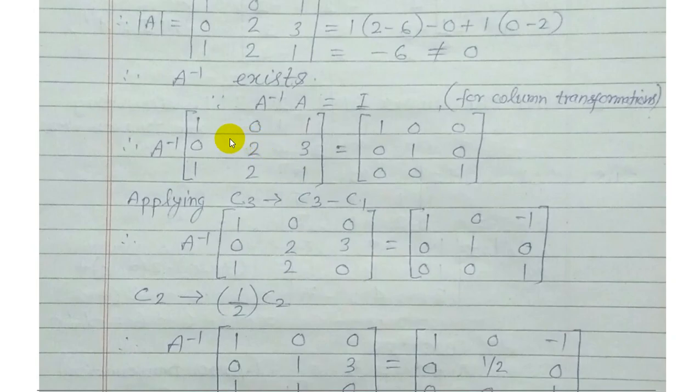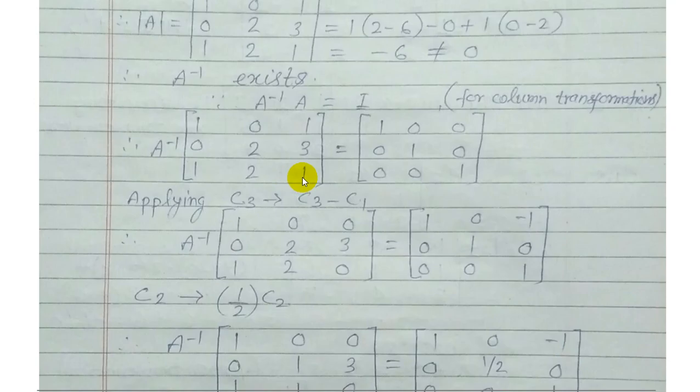Remember, if we are applying column transformation, we should convert this matrix into an identity matrix, row wise. So row wise, that is 1 0 1, 0 2 3, 1 2 1. For the column transformation, we have to convert this matrix into an identity matrix. So first we should arrange the first row 1 0 0, then the second row 0 1 0.